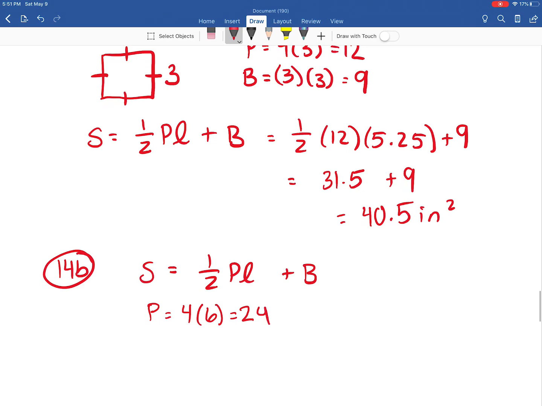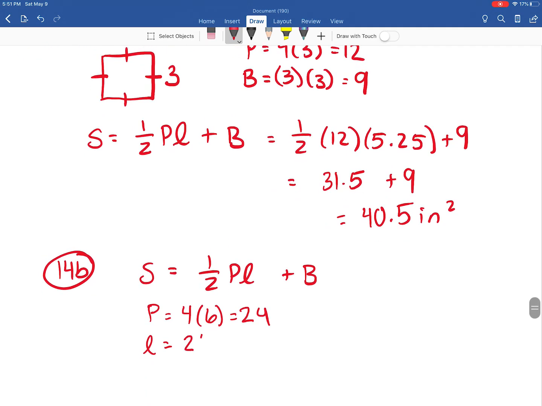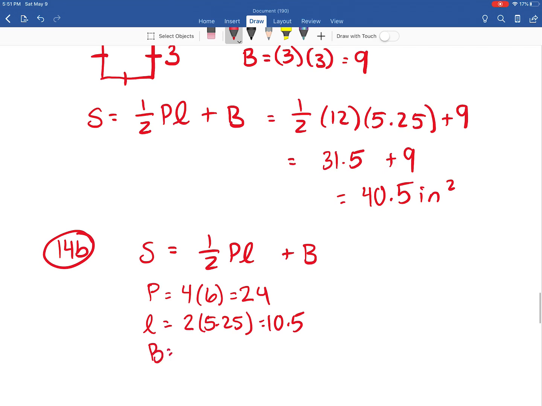So the perimeter would be 4 times 6, or 24. The slant height will have to be double, so 2 times 5.25, that would be double the slant height that they gave me. Okay, and then the area of the base, instead of 3 times 3, it would be 6 times 6. So this would become 1/2 times 24 times 10.5 plus 36.